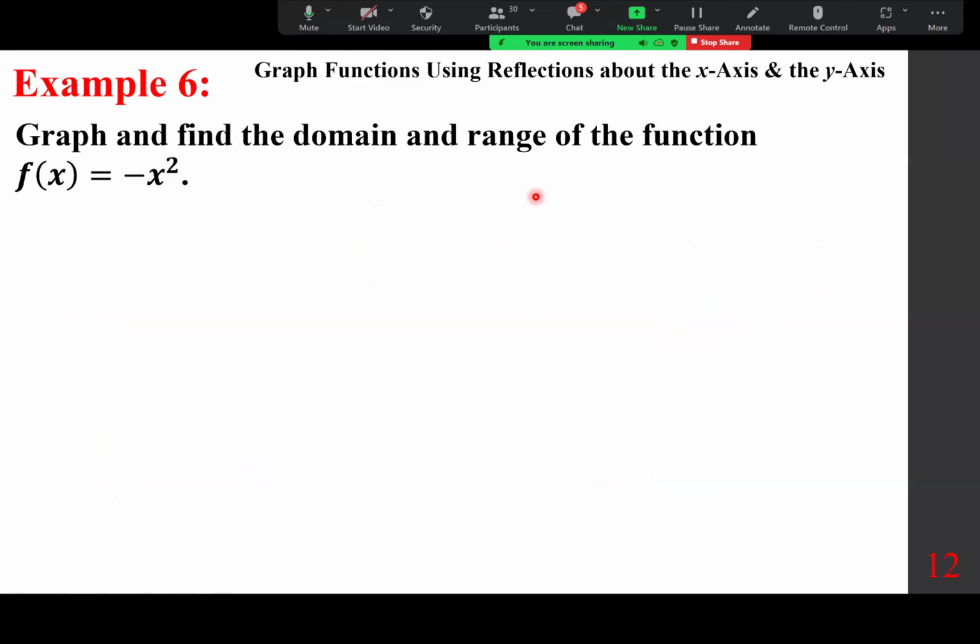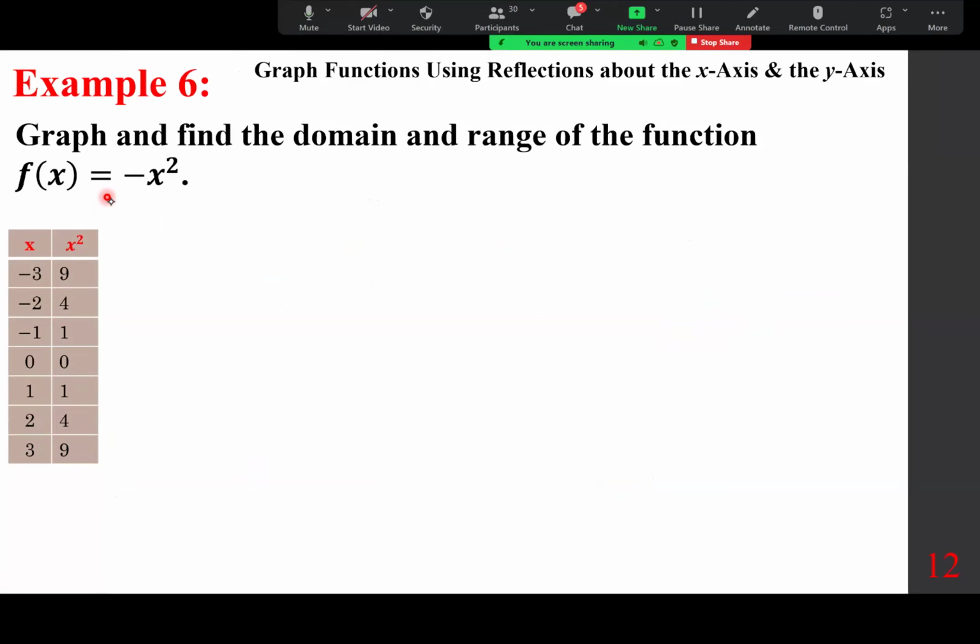Graph and find the domain and range of this function. First and foremost, we remember y equals f of x. And we have those. So when we say minus x squared, all of these y coordinates, we have done that before, okay? So this is a repeat of what we have seen. So we change all of these y coordinates to the opposite of that.